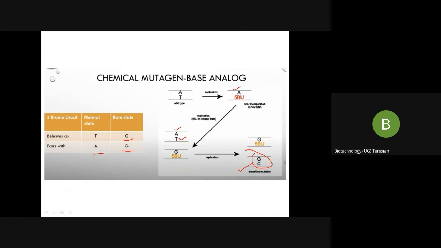But when it is in a rare state, it can behave as a cytosine and it can go and bind to the guanine. So hopefully this is clear.